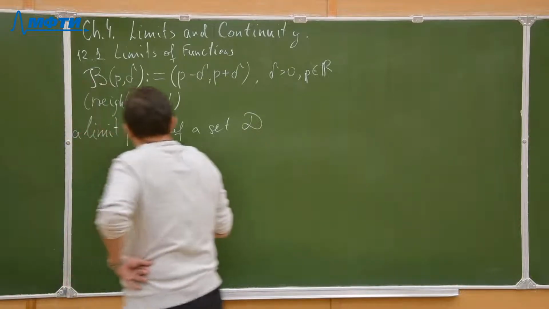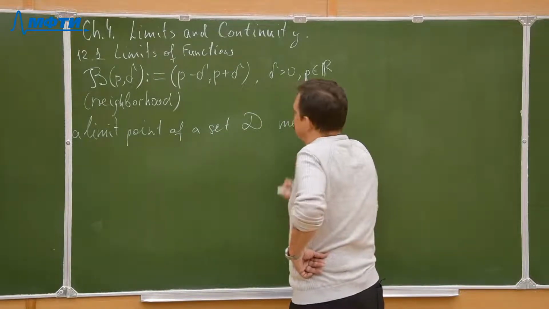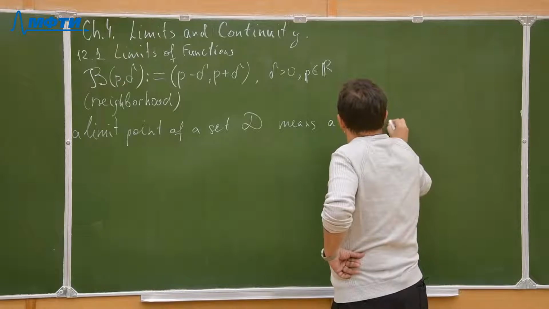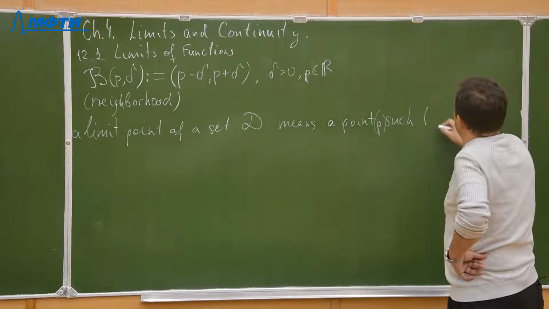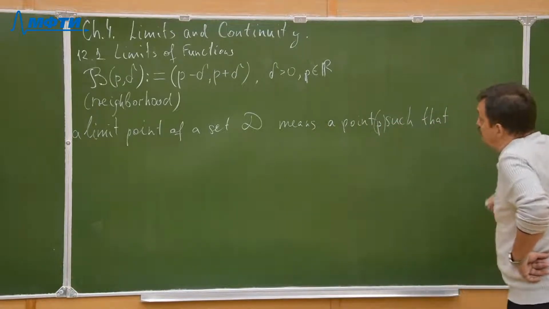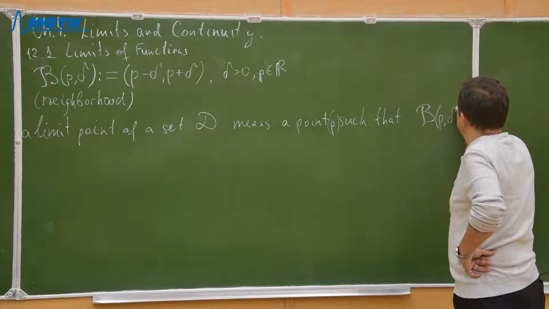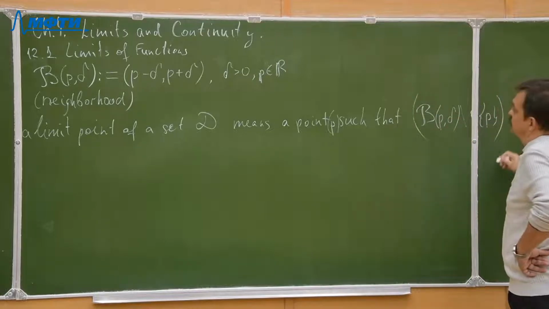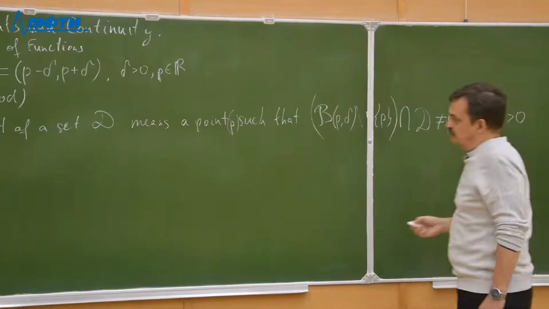A limit point of a set D means a point P such that the intersection of B(P, delta) without the point P with our set D is not empty for arbitrary delta greater than 0.